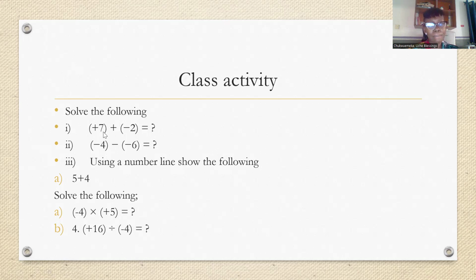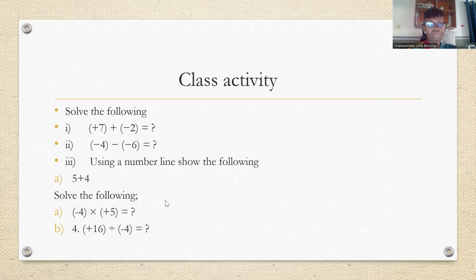Very good. Plus 7 plus minus 2, what does that give? Solve the following: 2 minus 4 minus 6, what does that give? Remember your rule of signs. The rule of signs will always help you to remember this. All right. 5 plus 4, show this using a number line, easy peasy. I've given you an example of that.